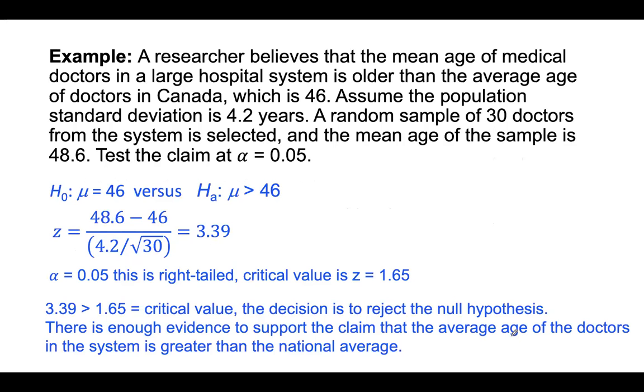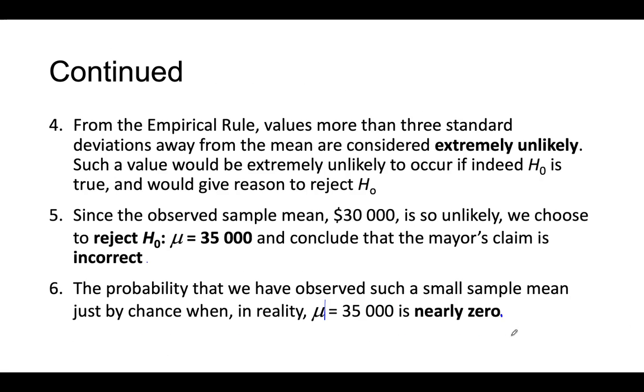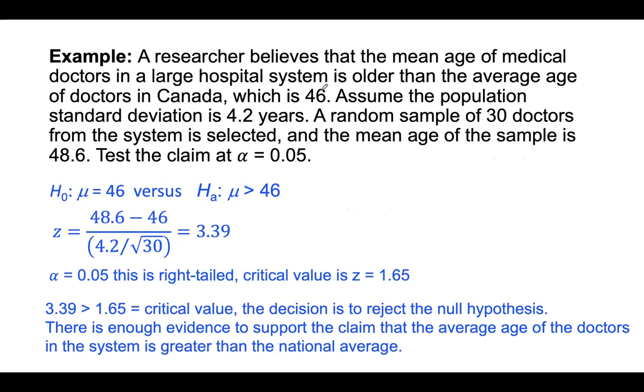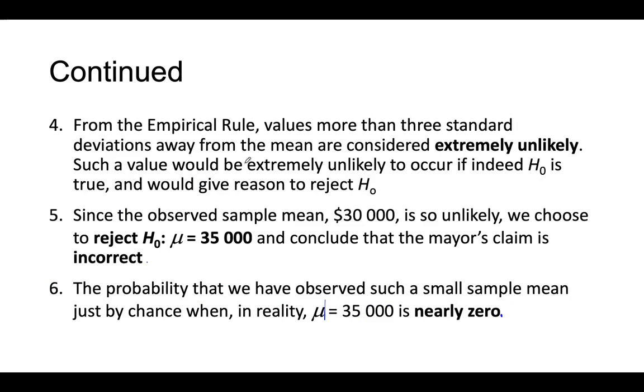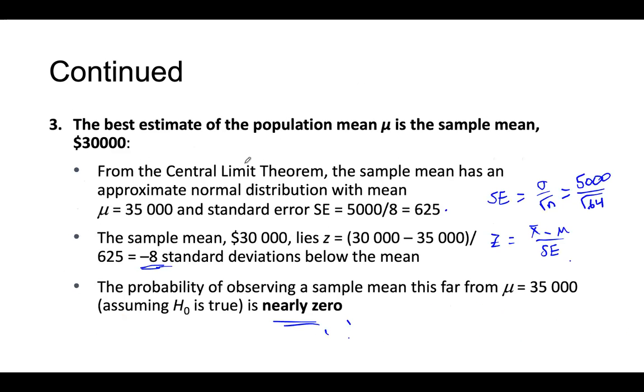So this is an example of how to do this. Now, let's add some evidence into things and make it more of a set of criteria. In the previous example, the numbers worked out because -8 is so far away that it's probably not true.